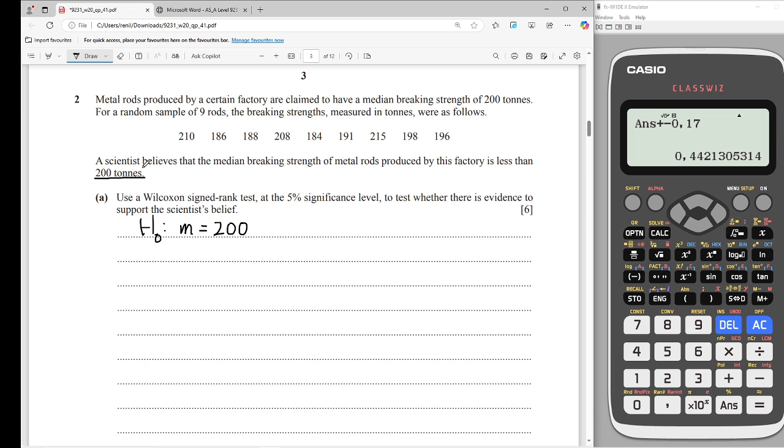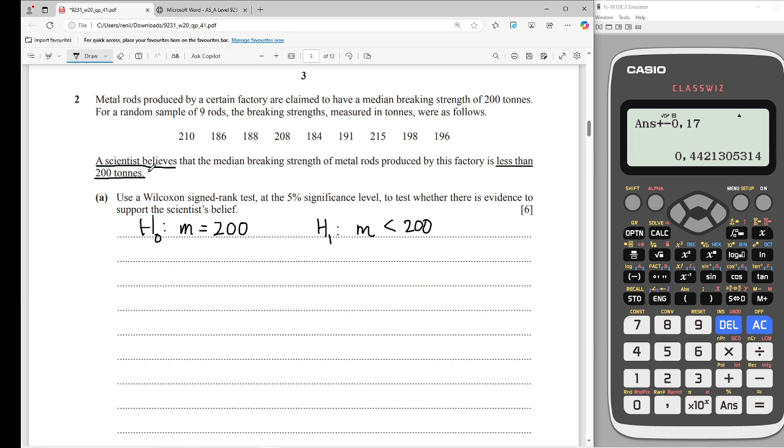Remember, whatever value is stated here, H null always says that the median is equal to this for any kind of non-parametric test. And then we have H1, which states the scientist's belief, or whatever belief is being made usually. The scientist believes that the median is less than 200. So that means M, the population median, is lower than 200. These are our two hypotheses.